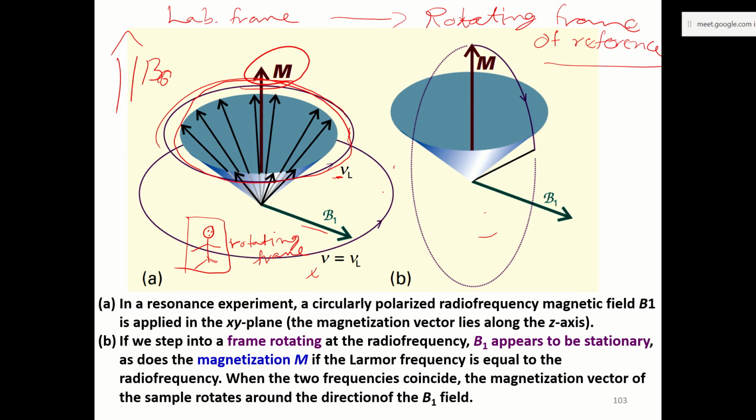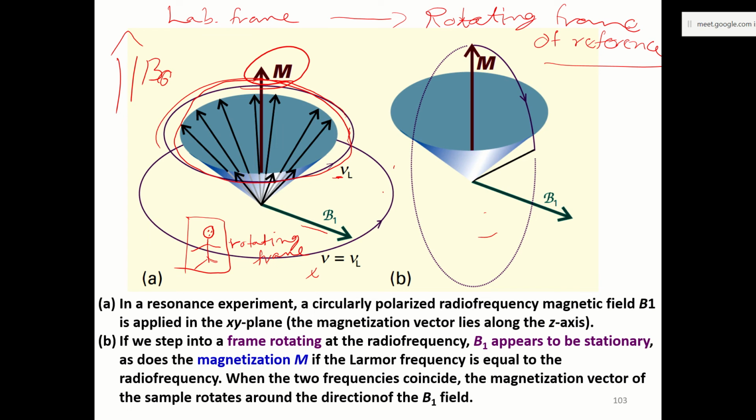You are standing on the roadside and you observe that both are moving at a speed of 100 kilometers per hour. But suppose you, as an observer, are sitting in one of those cars and observe the other car moving at the same speed, you will see that it is not moving at all. You will find that it is static. So it is the frame of reference that has changed. We step from a laboratory frame, the static frame, to a rotating frame of reference, as I told you, as pictured over there.